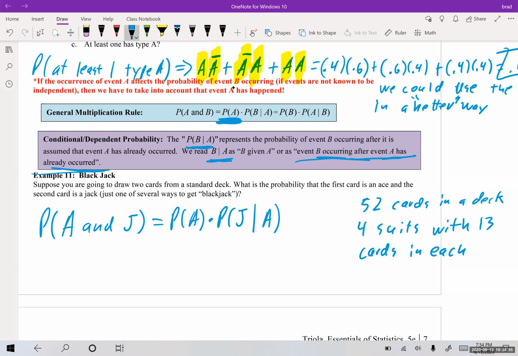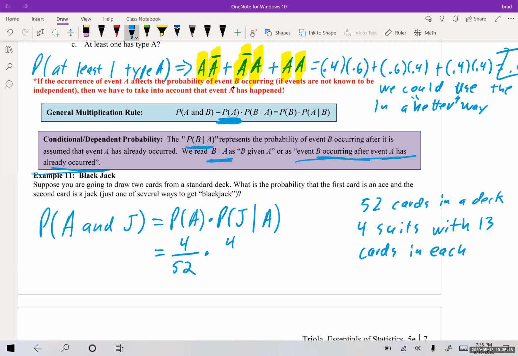Now here, how many aces are in a deck? There's 4 aces. How many cards are in the deck? 52, right? So it's 4 out of 52. That's the probability of that. Now the probability of getting a jack, given that you know an ace has already occurred. Well, if you already drew a card and you're holding on to it and it's an ace, how many jacks are left in the deck?